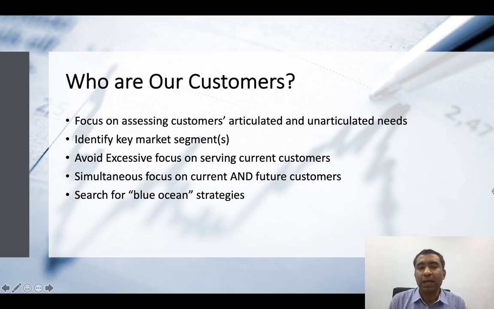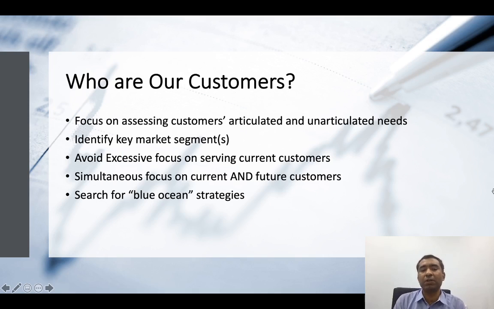Okay, and then identify the key market segments. Market segments means that if you have any core competencies, you have to address where you can sell these competencies or these products or services. So you have to identify the right segment of the market you are referring to. And avoid excessive focus on serving current customers.